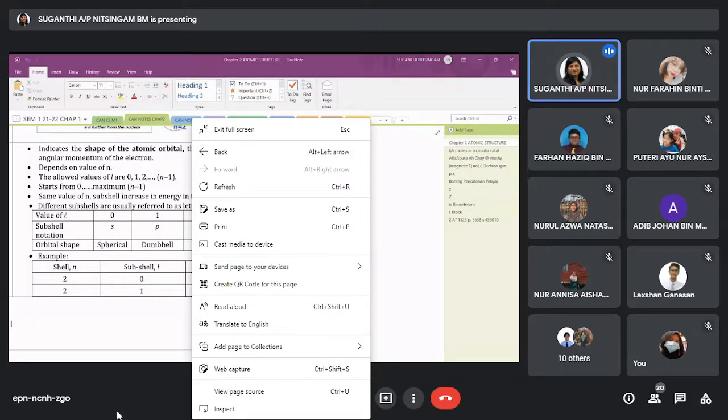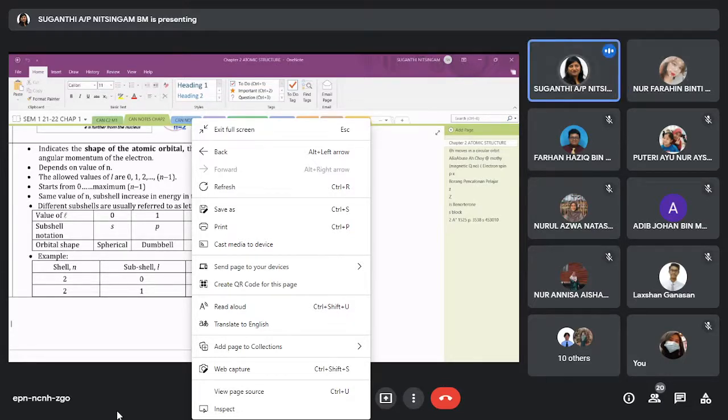Farahin, tell me what does each represent? N tu mewakili apa? N mewakili energy level and size of orbital. Okay. Angular momentum L, the shape of atom orbital. And then for M, orientation, and for S, the direction.